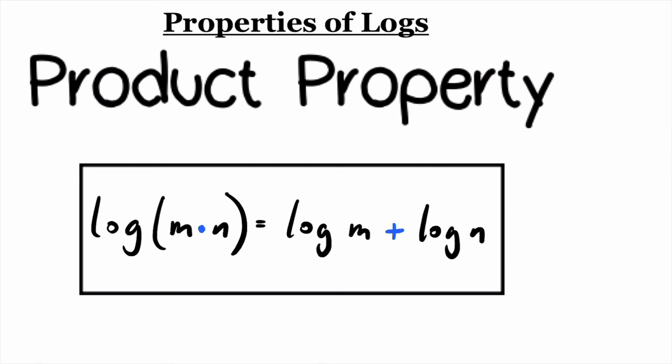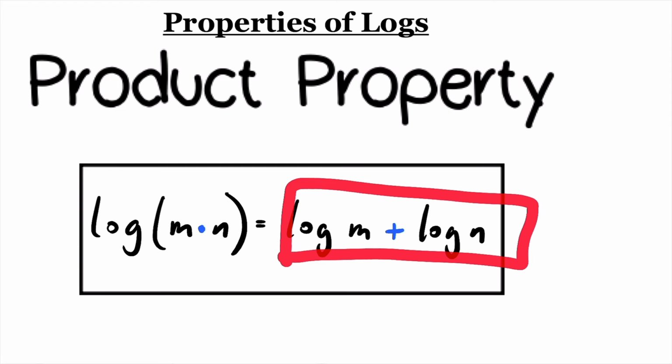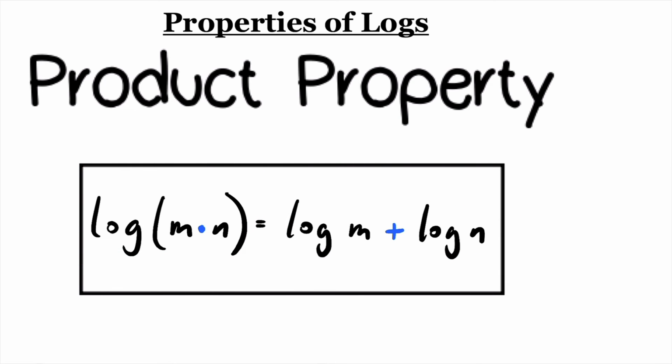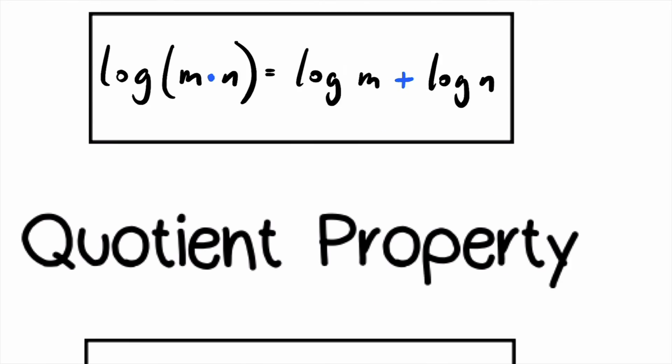When someone says expand on that, that means make it wide, bigger, right? So this is the expanded side, expansion. This is the condensed side, okay? That's for product property. And you notice on the condensed side, we have multiplication, but on the expanded side, I have no multiplication. There's a plus there, okay?